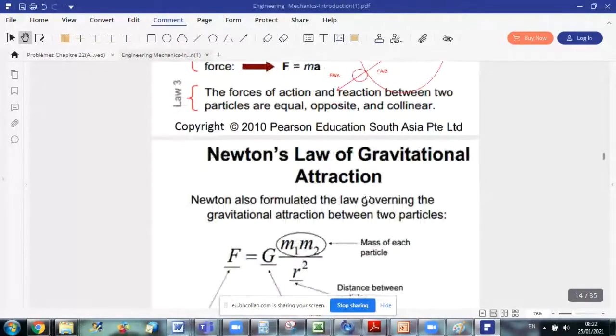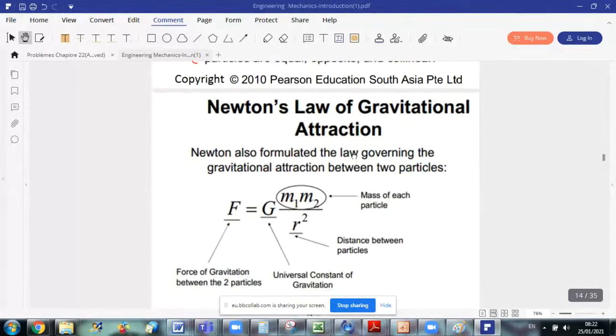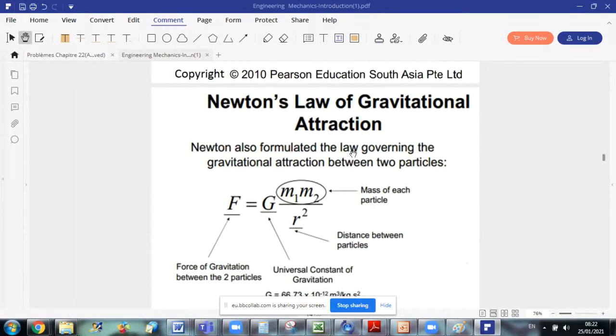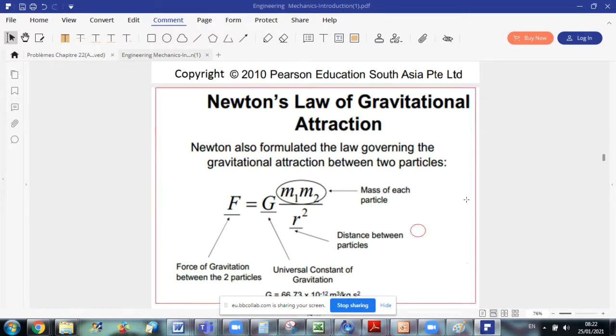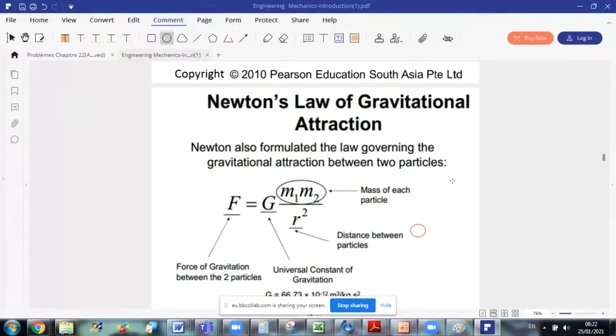Now, a particular application of the principle of action-reaction is Newton's law of gravitational attraction. This law gives a relation for the attraction between two particles. Okay? And it states that if I have any two particles, and they do not need to be in contact, they can be at a certain distance.